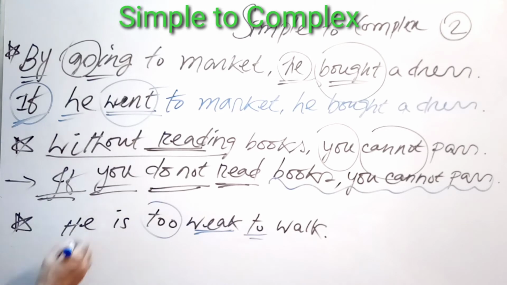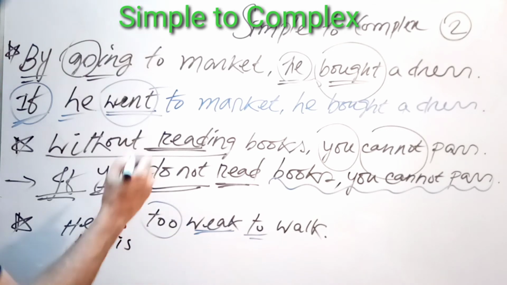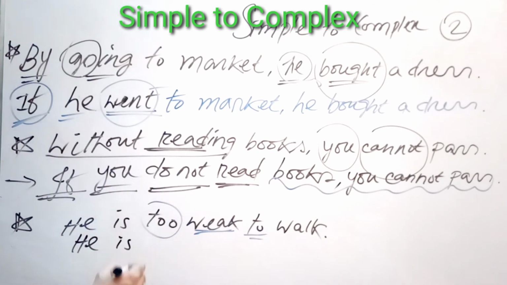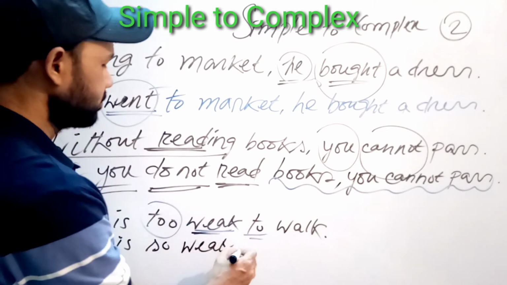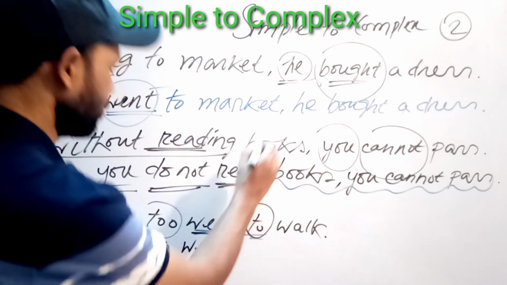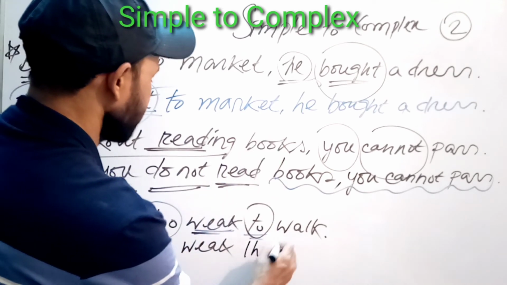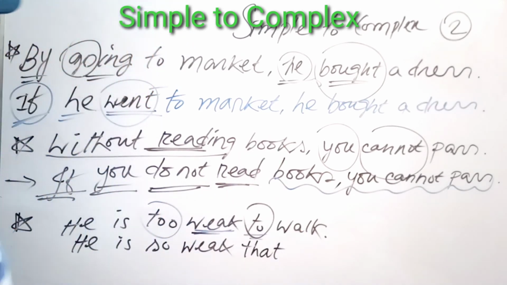First of all, you have to use subject. Here is subject, here is verb. In place of too, we have to use so. Then you have to use adjective. Then in place of to, we can use that. Then you have to bring subject.